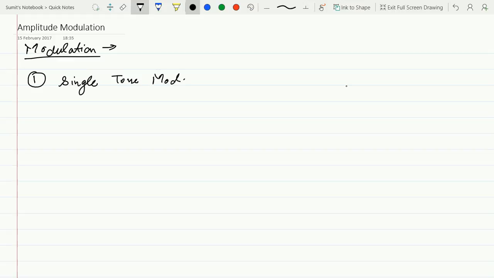So what is single tone modulation? Single tone modulation is when you have a message signal which you are trying to modulate. Say m(t) is your message signal, and it is this kind of signal, Am cos 2 pi fm t. This signal has just one frequency component, that is fm.